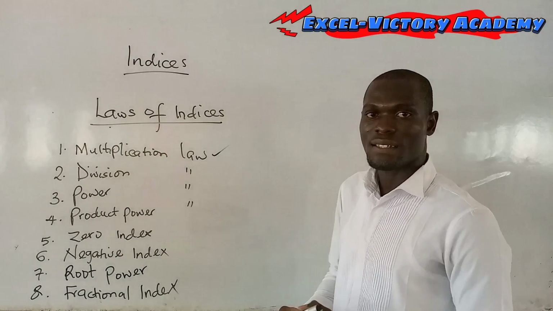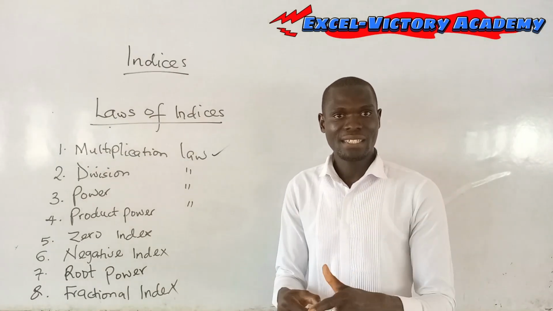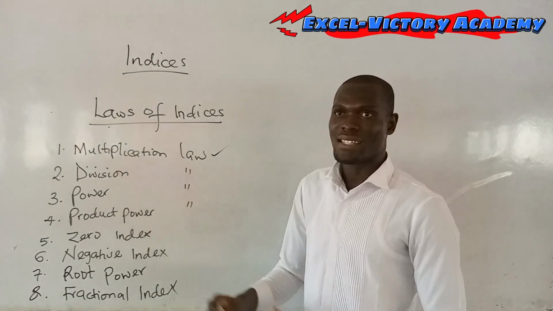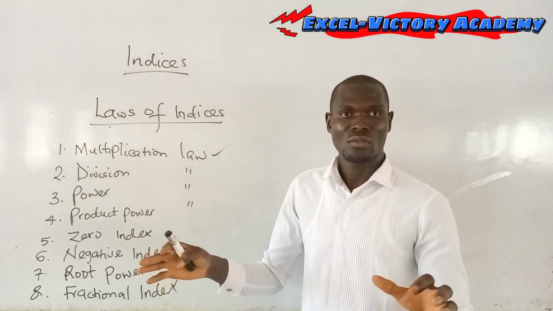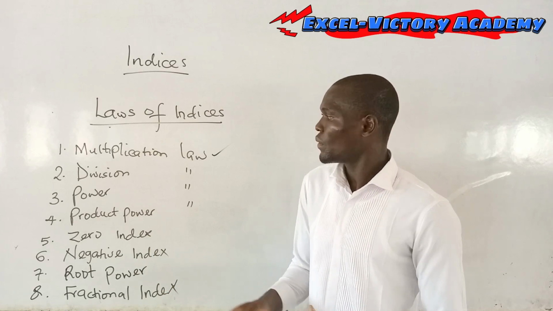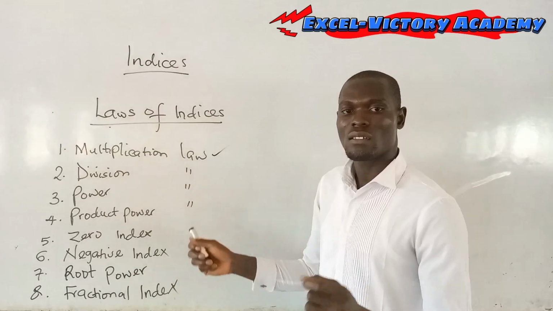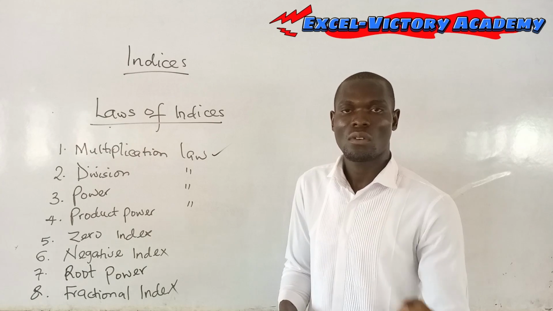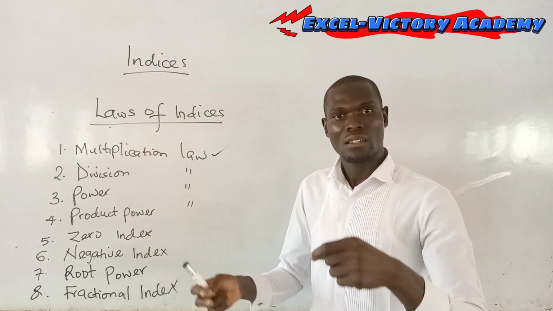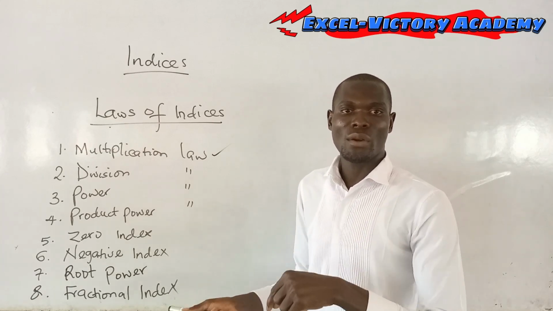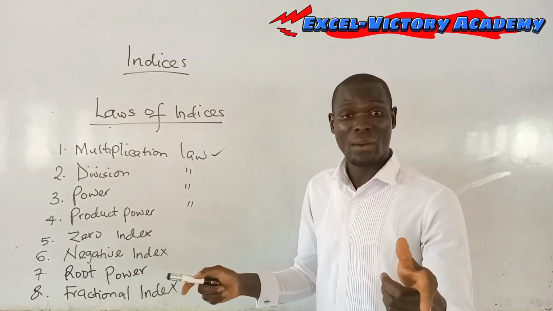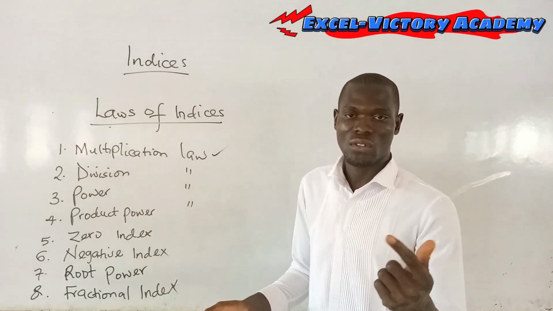Division law states that when you are dividing similar terms or numbers with the same base, you will subtract the power of the divisor from that of the dividend. That is, the power of the denominator from that of the numerator.